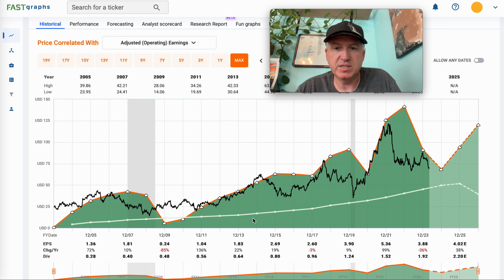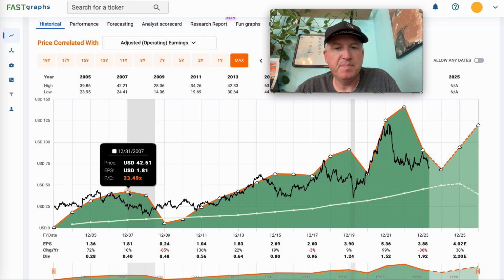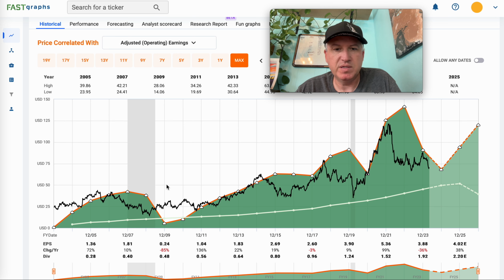So the recovery periods look pretty reasonable. Usually I like to see those within about 5 years from peak to new peak. So I think this one might be 6: 1, 2, 3, 4, 5, 6 technically. But that's still pretty close. You would still do well if you were buying the stock down here and held it for 5 years, right?